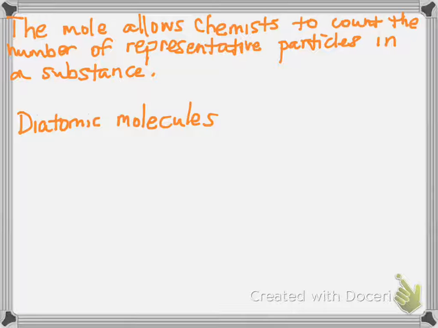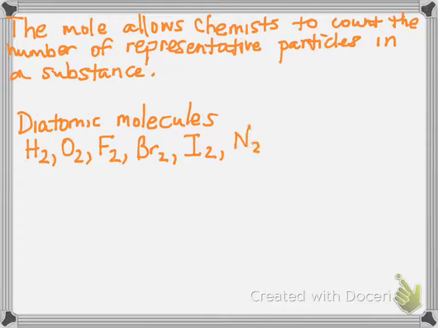Now, don't forget about the diatomic molecules. Remember, this is Brinkelhoff, so there were 7 of them: hydrogen, oxygen, fluorine, bromine, iodine, nitrogen, and chlorine.